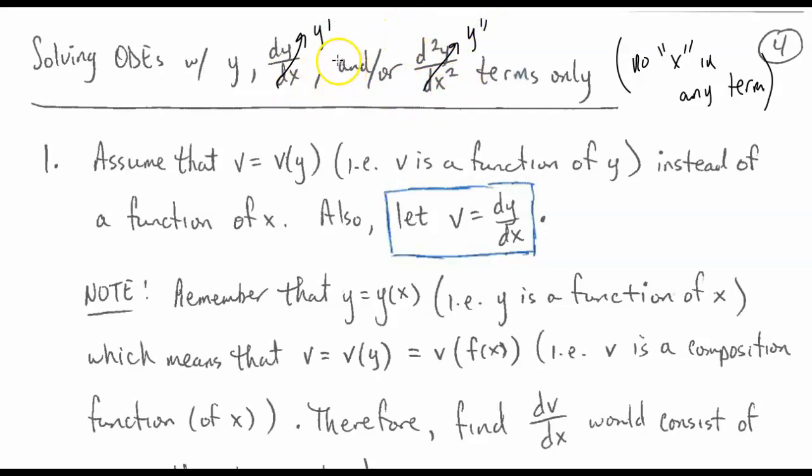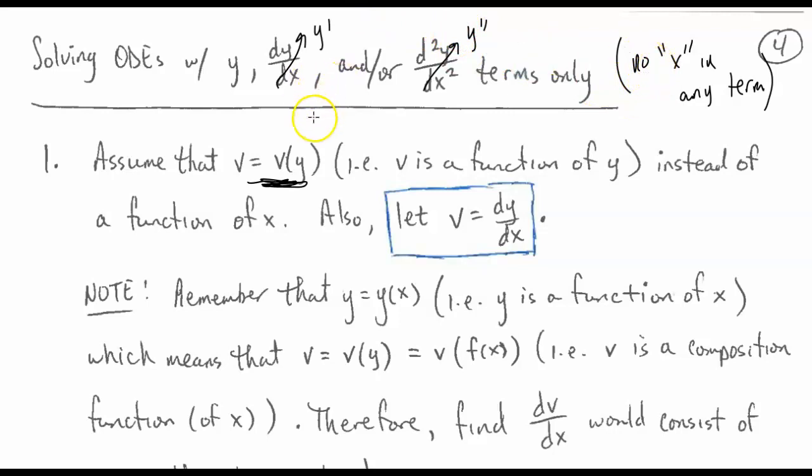Now, one of the things that we can do here to make sure that we remember one of the most important things in this particular technique is to assume that our substitution v is going to be a function of y at this point. Notice that we have y prime and y double prime.